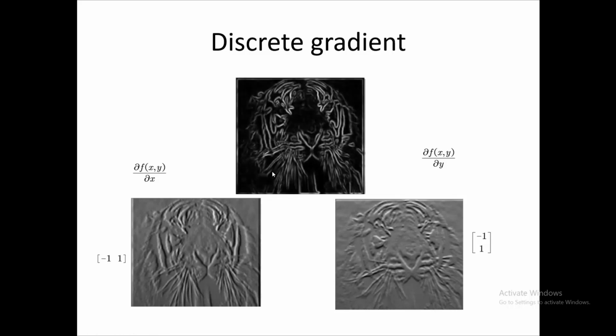This is the gradient of the image when we take both the derivative along the x-axis and the derivative along the y-axis, and take the square root of the sum of the squares of the derivatives. We get this image, and this image gives us the edge information of the whole image.